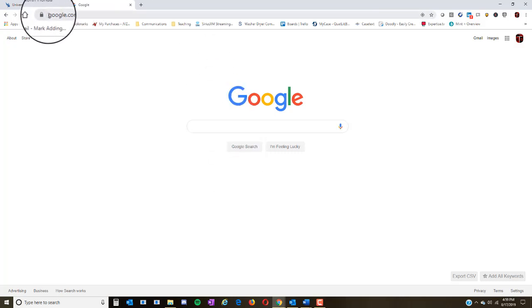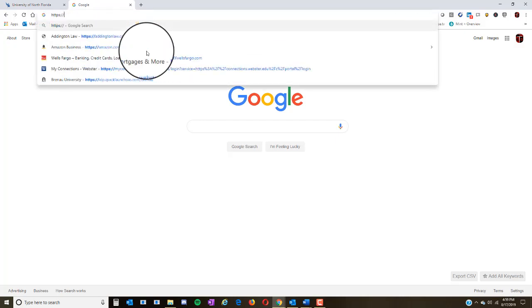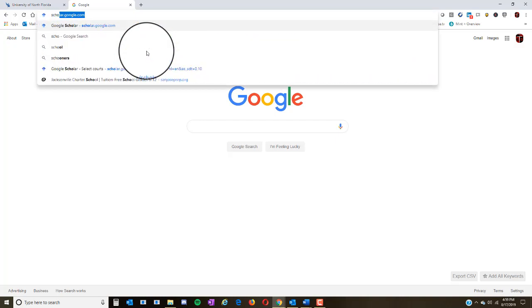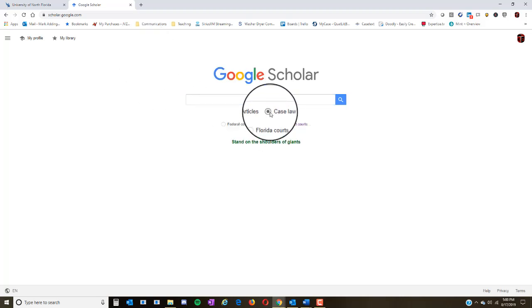If you were to put, in front of the word google.com, the URL of scholar.google.com, then you would get a different screen. I want you to note that you see case law and a radio button here, and then you see articles.